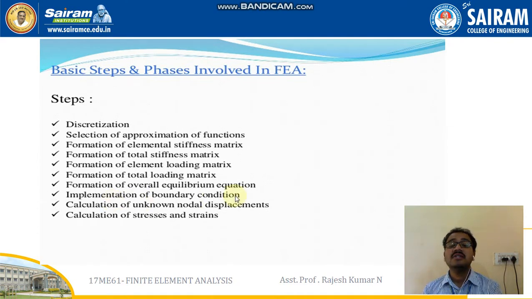In structural analysis, we usually follow 2 methods. The first is the penalty approach method, and the second is the elimination approach method. Using either one of these, we apply the boundary conditions and find the unknowns, because we would already have taken an approximate function, either polynomial or trigonometric.